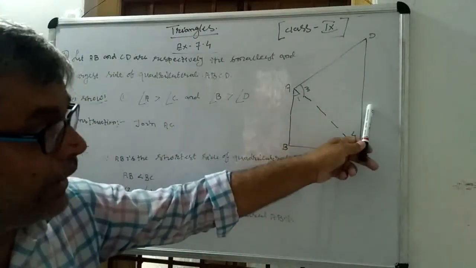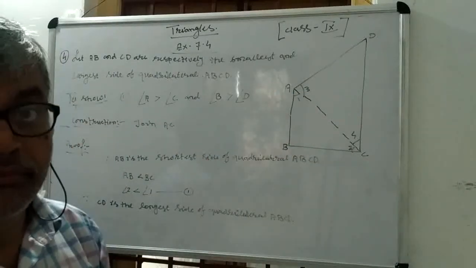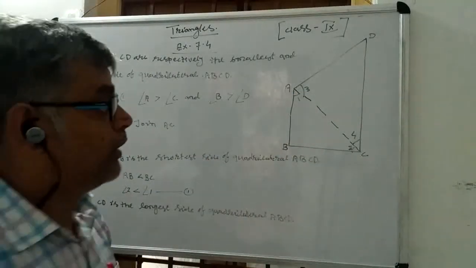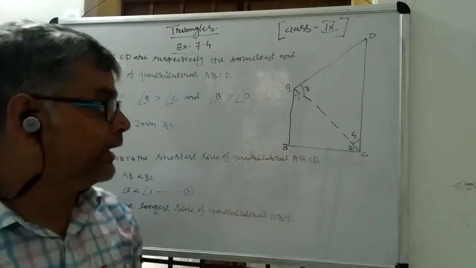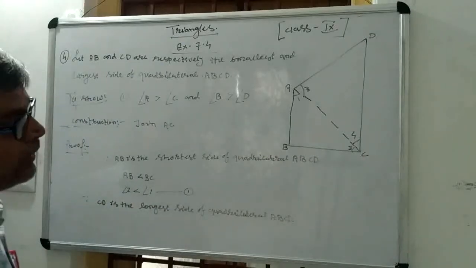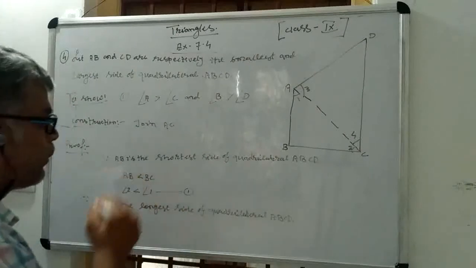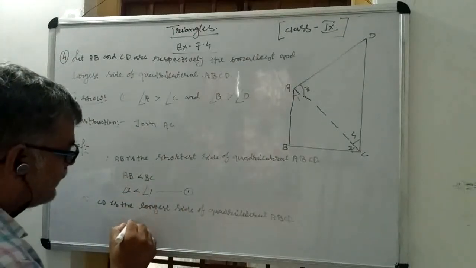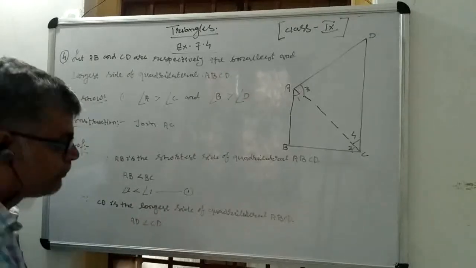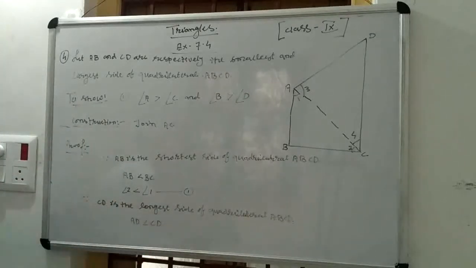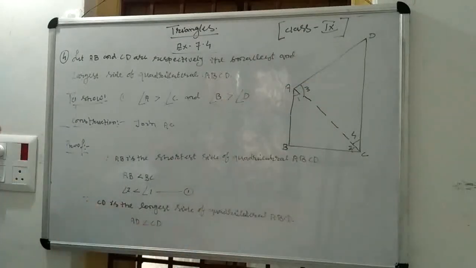It means that CD is greater than AD. Is it clear or not? CD is the longest side of the whole quadrilateral ABCD. It means that CD is greater than AD, or you may call AD smaller than CD, because CD is the largest side of the quadrilateral. So AD must be smaller than CD.